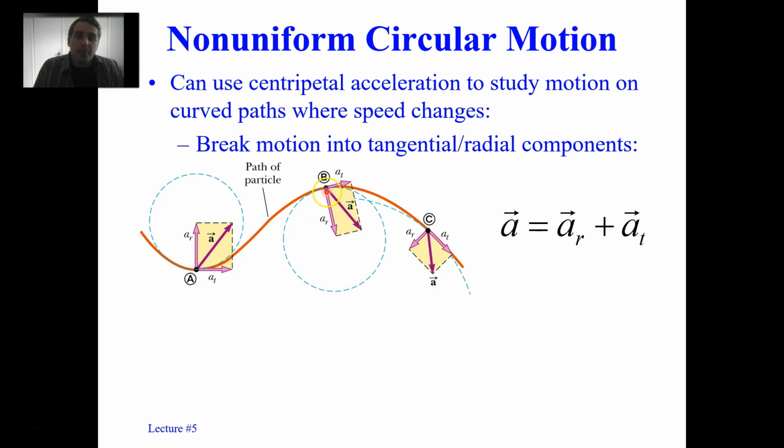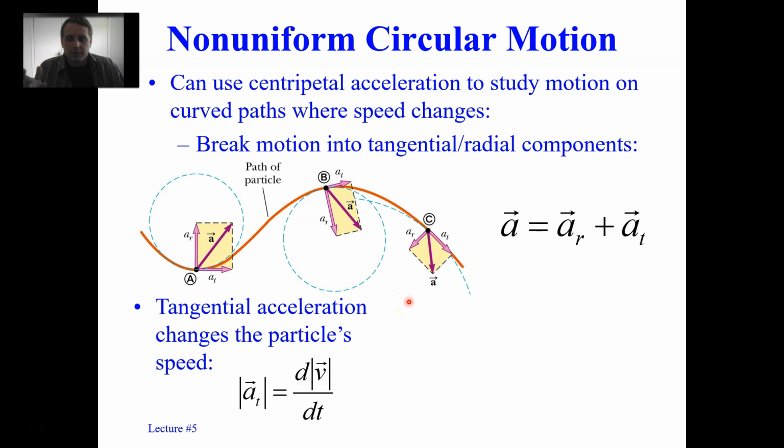Notice that the tangential acceleration is always along and the radial acceleration is always normal, we might say, to the path. Notice when we add these two vectors together, depending upon their size, we can add them together using vector addition. And if we want to, we can actually also form a right triangle. That a_r is one leg and a_t is the other leg. And then a, the total acceleration vector, is the hypotenuse.